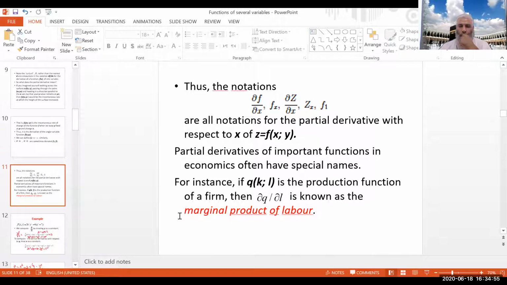Ustaz, before we go to the example, can you give me 1 minute, please? I want to drink water because I feel thirsty. Okay, 1 minute, shukran.